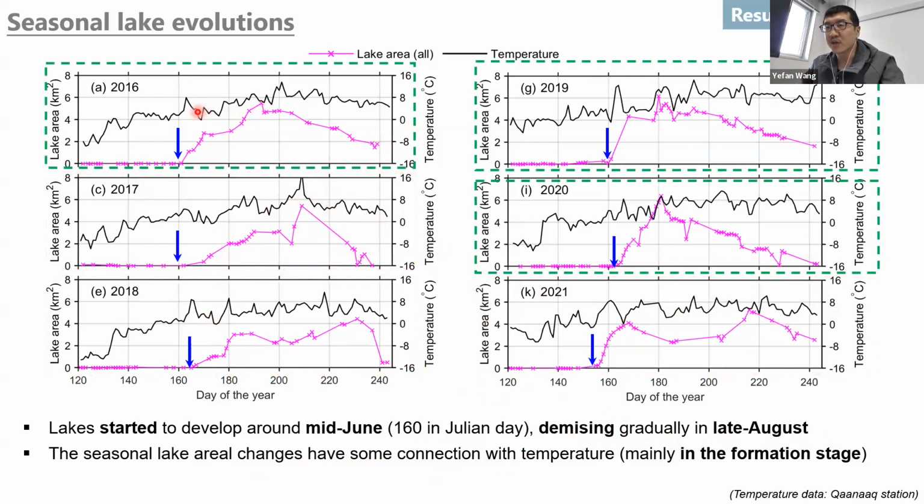But for 2016, 2019, and 2020, it's a different story. Before the peak of the lake area, it increased with the temperature. But after that, it just decreased, with not much connection with the temperature variations.